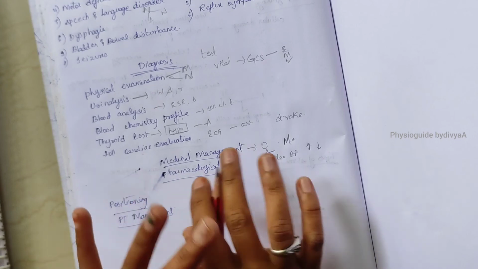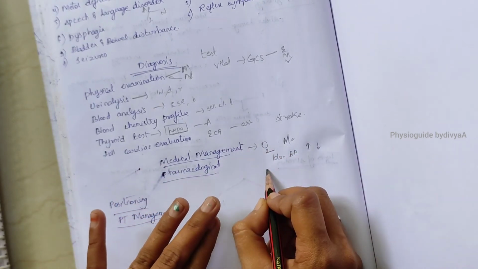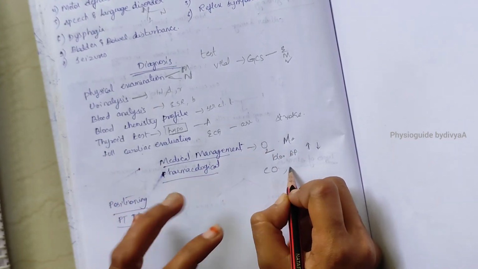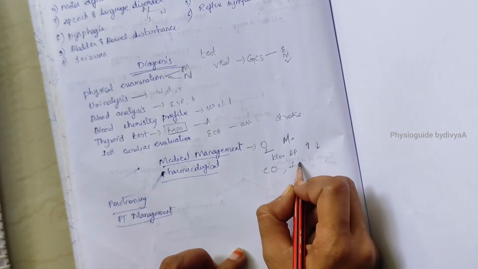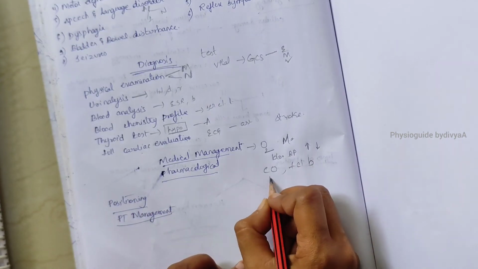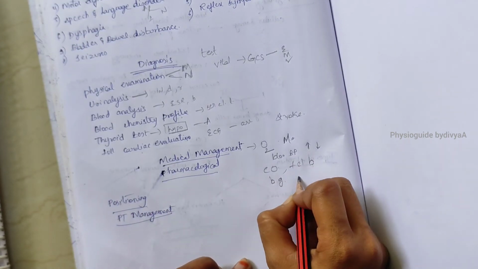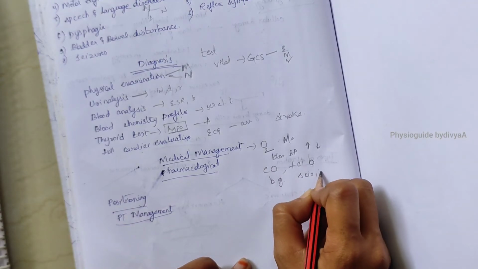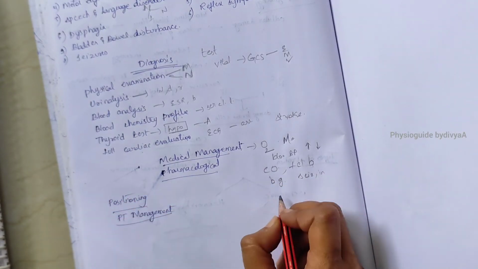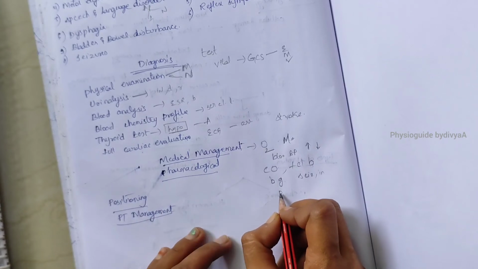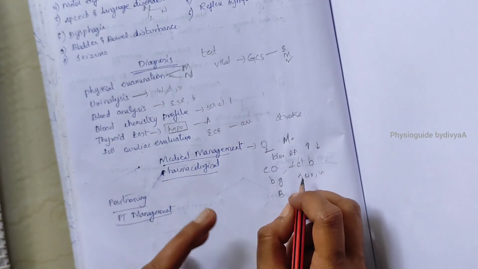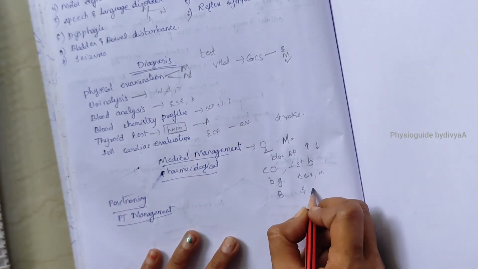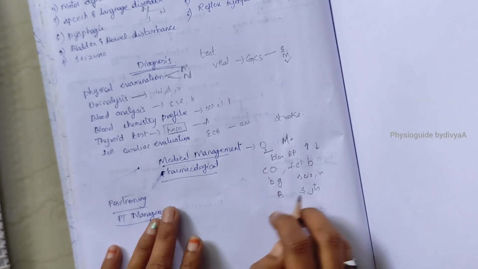Maintain cardiac output, restore fluid and electrolyte balance, maintain blood glucose, control any seizures or infection, control intracranial pressure, maintain bladder function, and maintain integrity of the skin and the joints. These all need to be maintained.